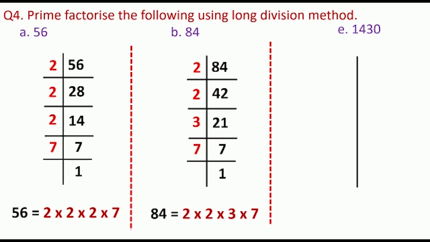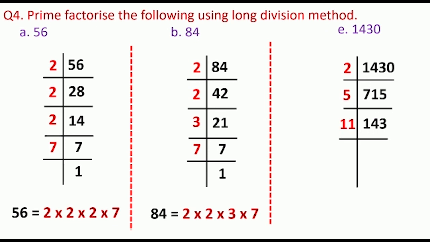1430. Okay, 1430. See here, the last digit is 0, so it can be divided by 2. Let's divide it by 2. You will get 715. Now this 715 cannot be divided by 2, but it can be divided by 5. So let's divide it by 5. You will get 143.